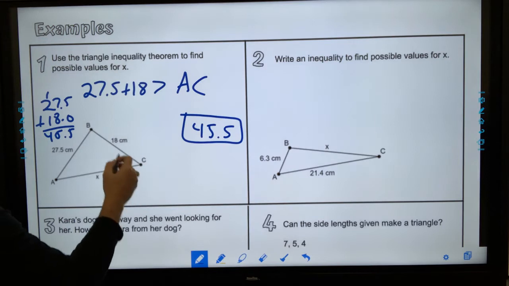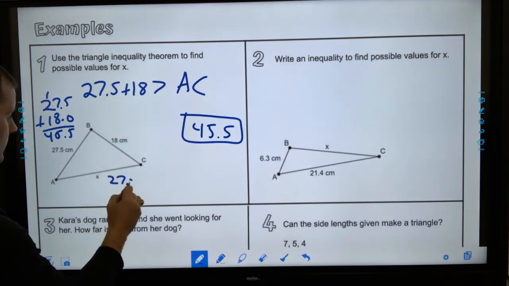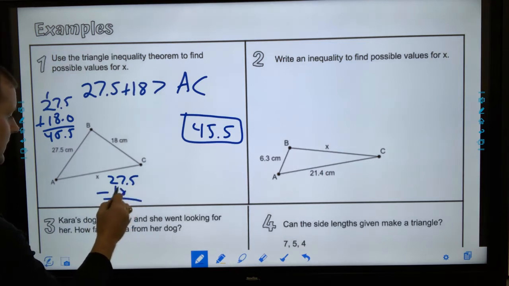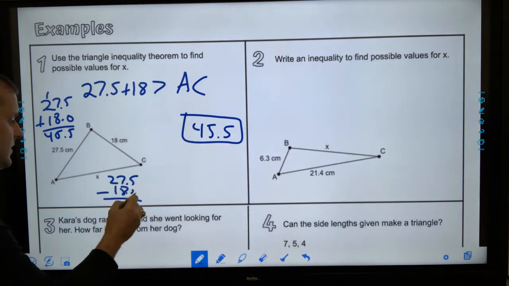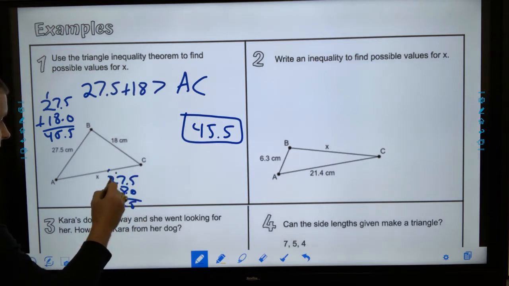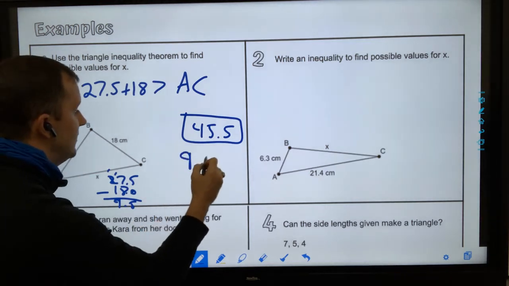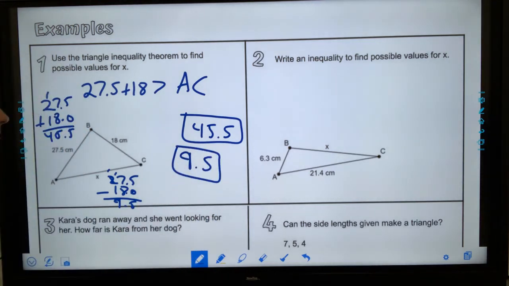So I'm going to subtract 18 from 27.5. Bring down the 5, take away from the 2, 17, so it'd be 9.5. So the least value that side could be is 9.5.